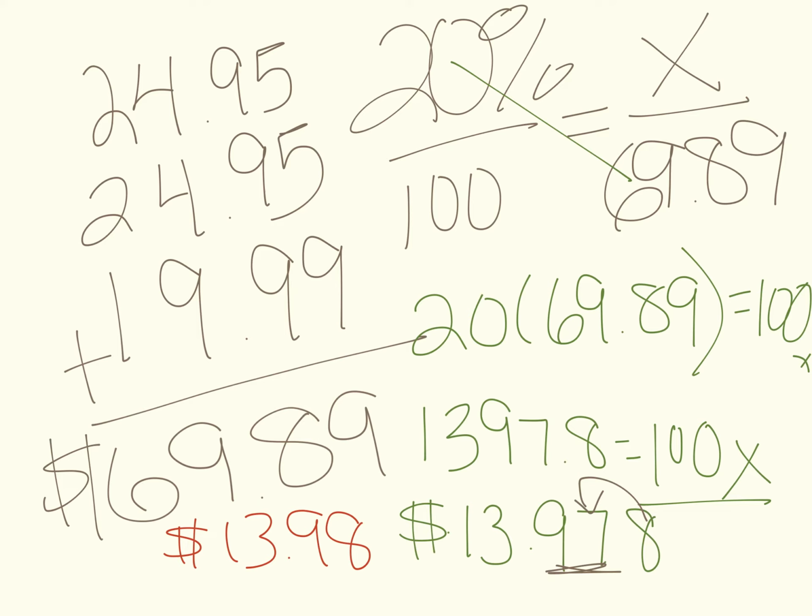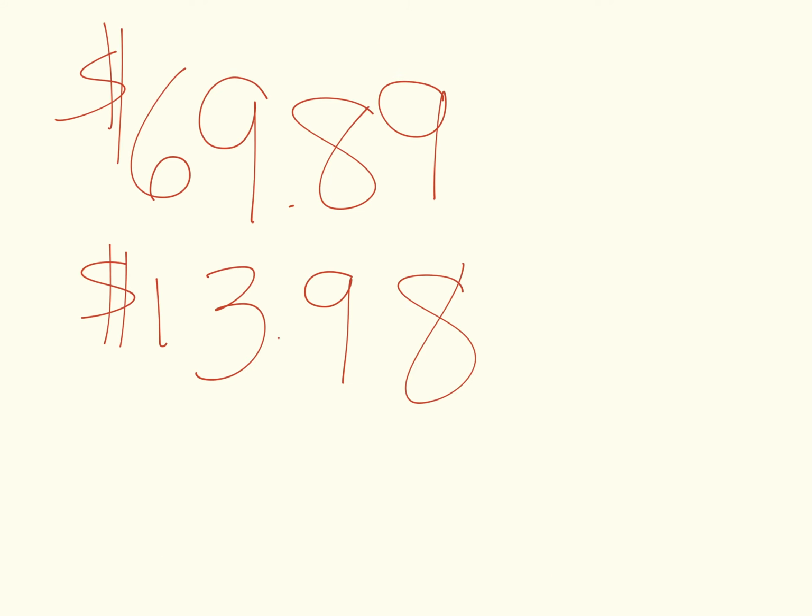So let's figure out how much I'm going to pay. From the previous slide, these are the 2 values I wrote down. $69.89, that was the total before any savings, and the savings that we're going to receive is $13.98. I'm getting a discount and I'm saving money, so what I'm going to pay should be less than the original price.